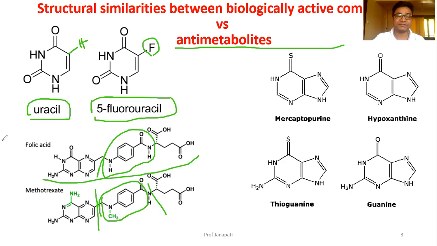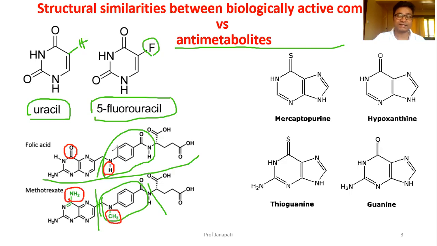What are the differences now? The difference is there is an amine group at the 4th position, and in folic acid there is a keto group. At this nitrogen there is hydrogen, here there is a methyl group.